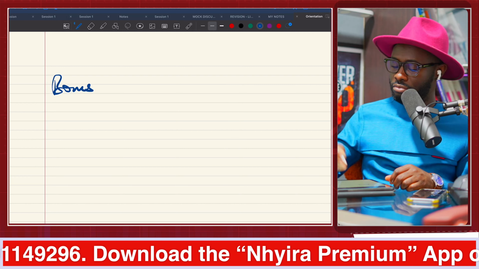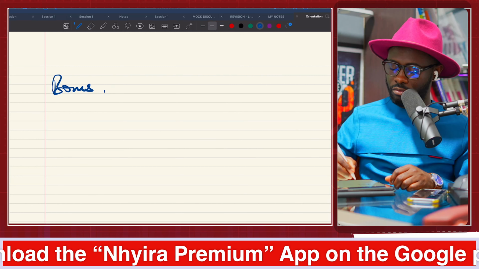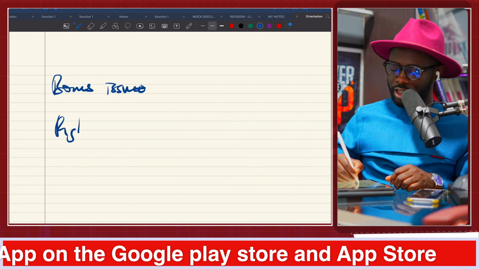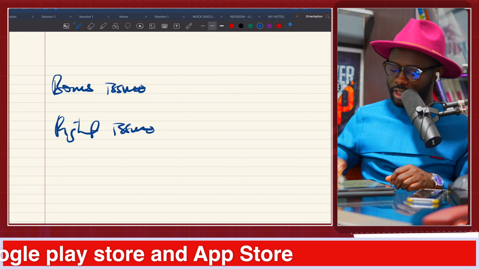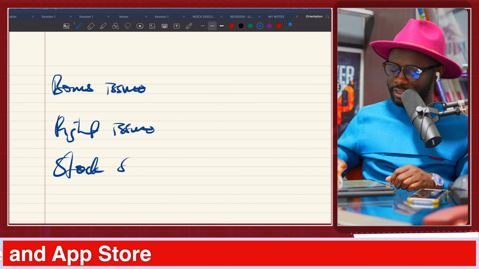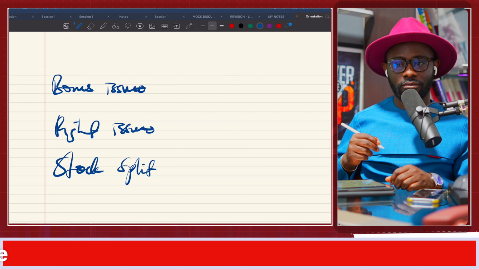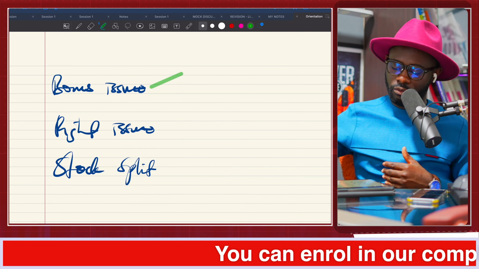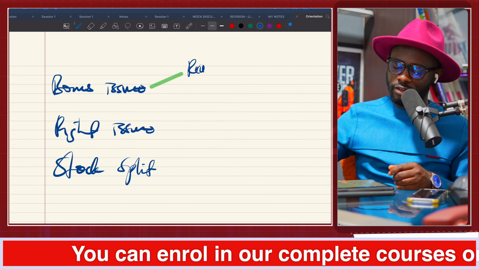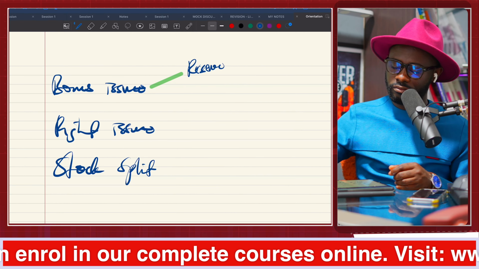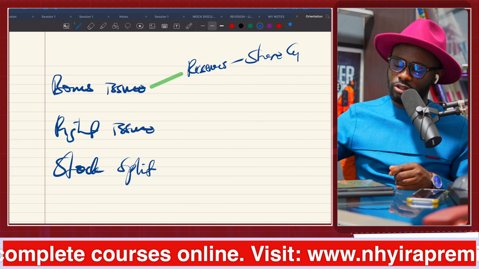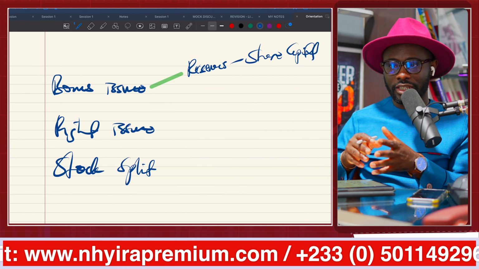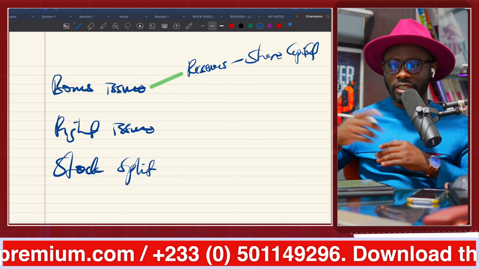So there is bonus issue, there is rights issue, and then there is stock split. Now, look at the difference here. Bonus issue, we are converting reserves into share capital. So technically, shareholders are not paying anything. So what happens in bonus issue is that no money is coming into the business, but the number of shares are going up.